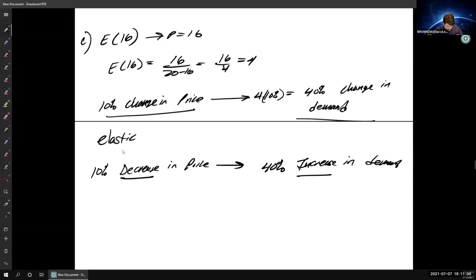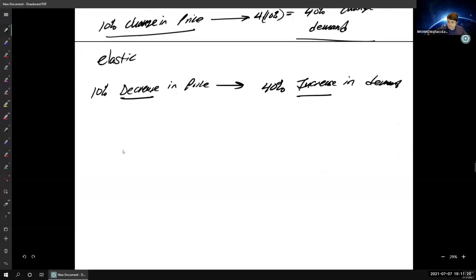Okay, questions on this, anybody? Okay, so there are three cases. We talked about the idea of being inelastic, elastic, and then we have a third one, which we call unit elasticity.